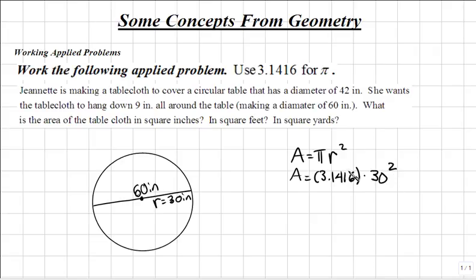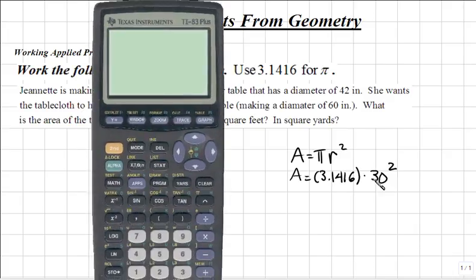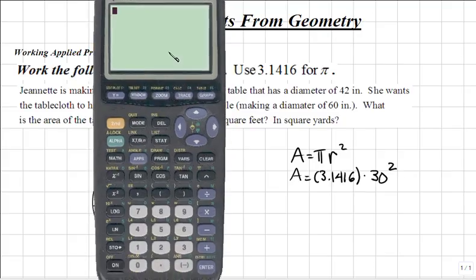Let's use a TI-83 graphing calculator to compute this result. We'll first calculate 30 squared. So we'll punch in 30, and the squared button is to our far left, squared. And we'll hit enter to find that 30 squared is 900. So the area is equal to 3.1416 times 900.